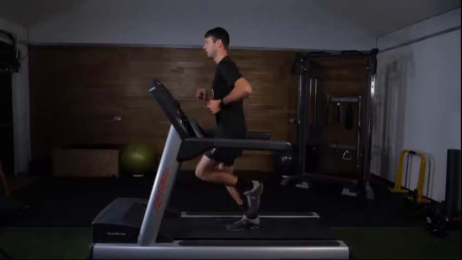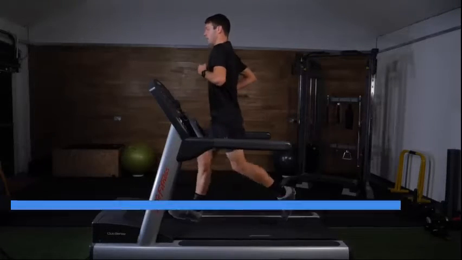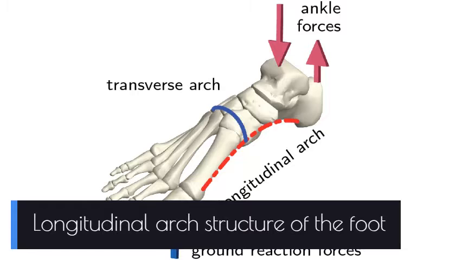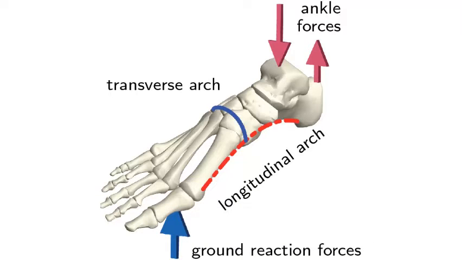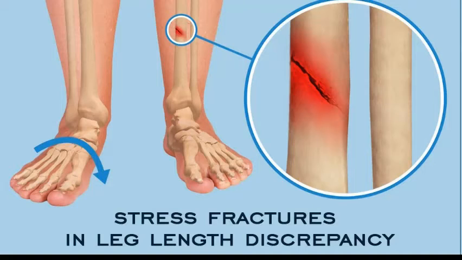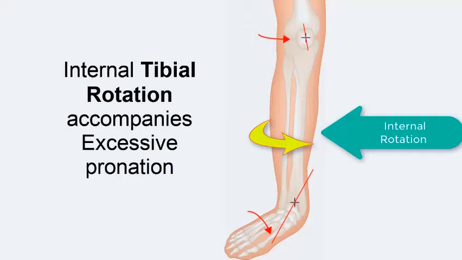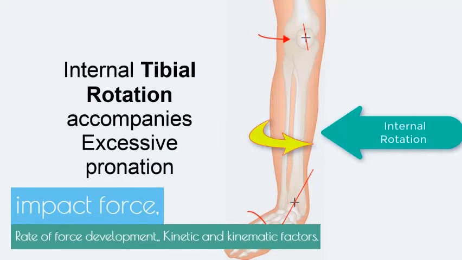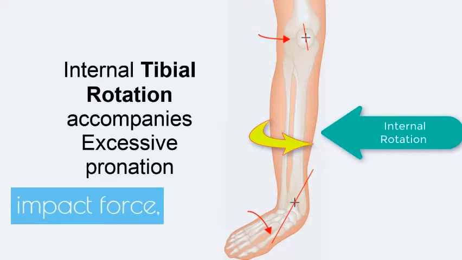Several anatomical variables have been implicated as causes of overuse running injuries, including longitudinal arch structure of the foot, ankle range of motion, leg length discrepancies, and lower extremity alignment, and biomechanical variables such as excessive pronation, impact force, rate of force development, and other kinetic and kinematic factors.